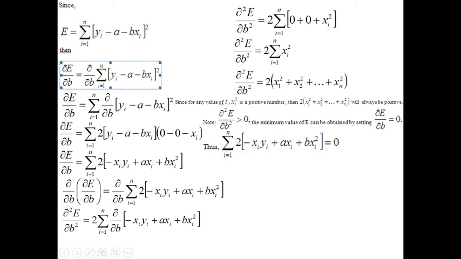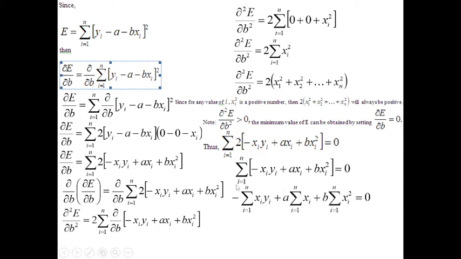O ngayon, masasolve na natin, madi-derive na natin ngayon yung equation. So, in this case, we divide both sides by 2. Mawawala yung 2. 0 pa rin nun. And then, negative. Ito, simplify na natin.